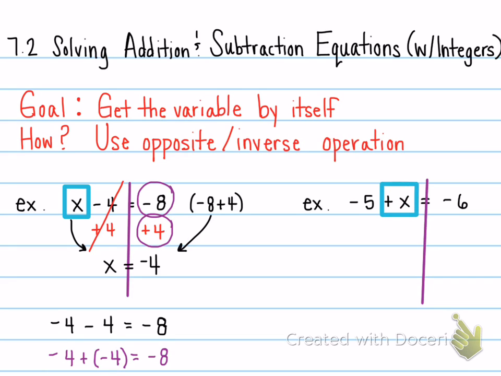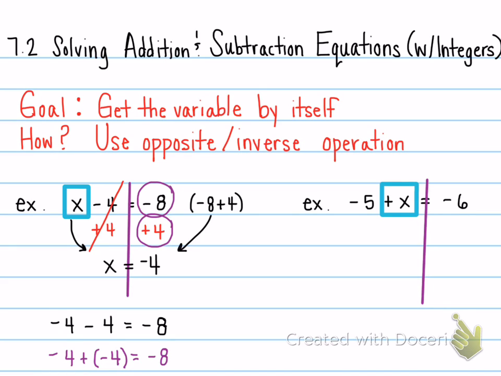My variable is +x. Remember, whatever is in front of your number is always the sign. If it's a plus, it means it's a positive number. If it's a minus, that means it's a negative number. So what I have to move then is this -5. I have to take that -5 and get it away from that positive x.